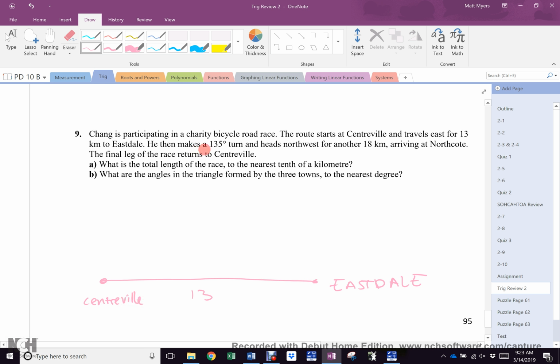He then makes a 135-degree turn. If this is 135, this is 45. And he rides for 18 K. Then that is up to Northcote. Then he returns to Centerville.